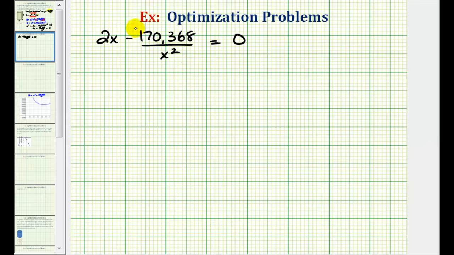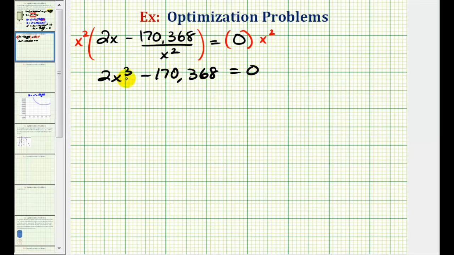Let's clear the fraction by multiplying both sides of the equation by x squared. So we'd have 2x cubed. Notice here the x squared would simplify out, so we have minus 170,368 equals 0. Let's isolate x cubed, so we'll add this constant to both sides. Divide both sides by 2.